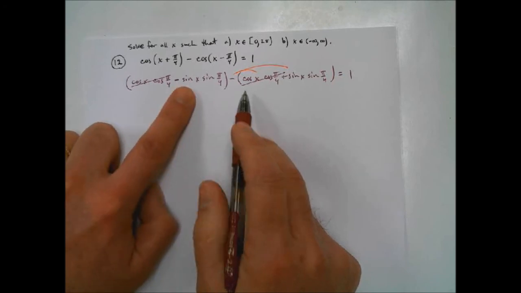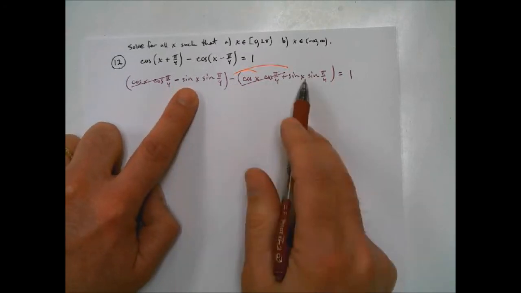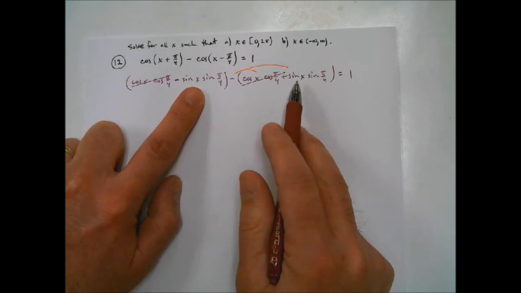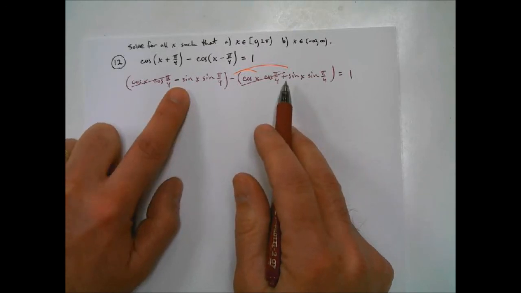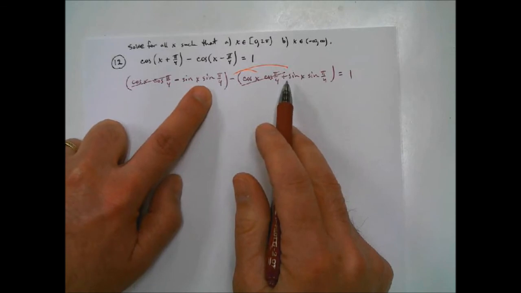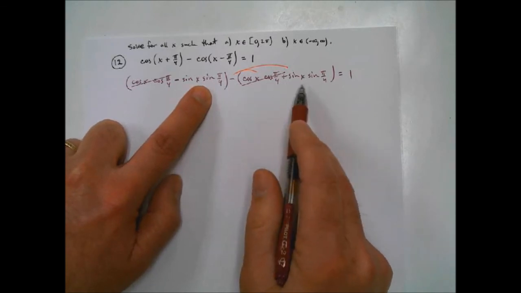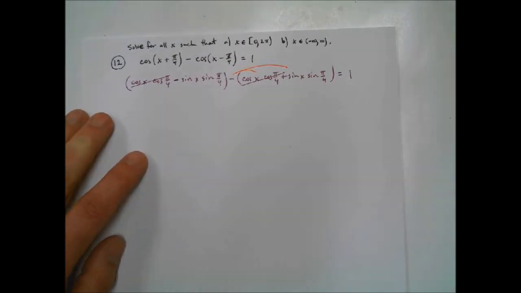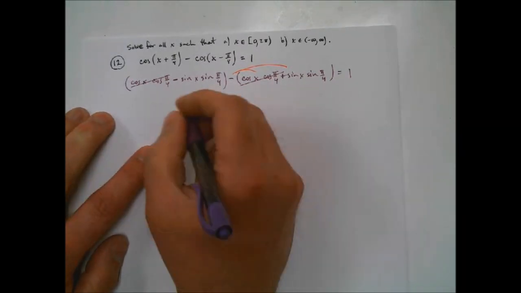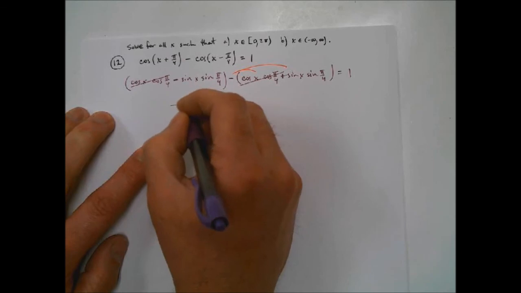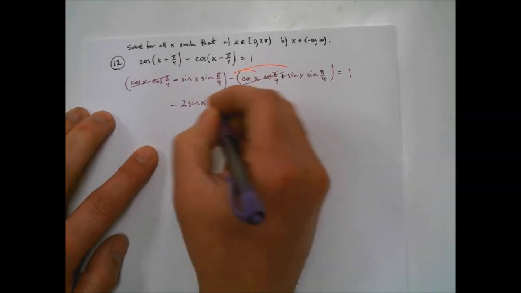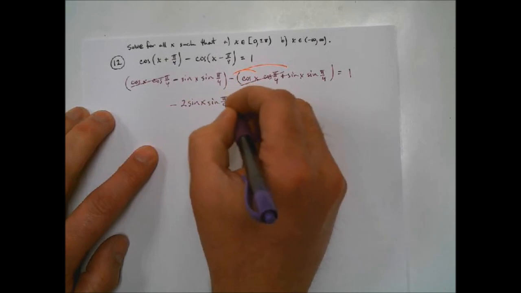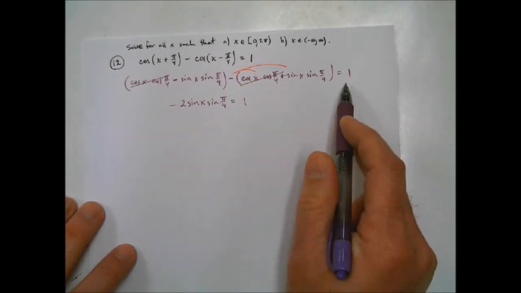Now, if I distribute the negative, the sine x and sine pi over 4, they do not eliminate each other, but I have negative 1 sine x sine pi over 4, and I have another negative 1 sine x sine pi over 4. So we actually have negative 2 sine x sine pi over 4, and don't forget about the equals 1 over there.